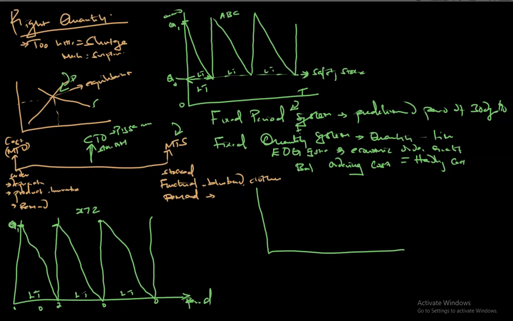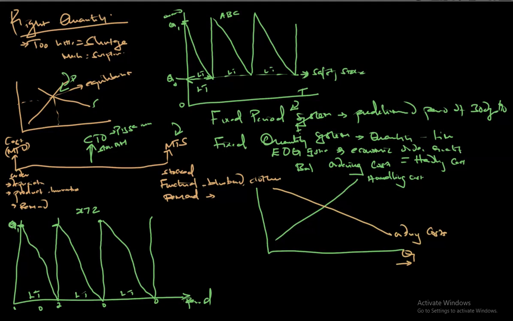So if graphically I was to represent this model, the EOQ model, it would look something like this. You have the handling costs on this section, and what this graph shows is that as the quantity increases, the handling cost per unit increases. Now, the other one is the ordering cost, and it goes in the opposite direction.